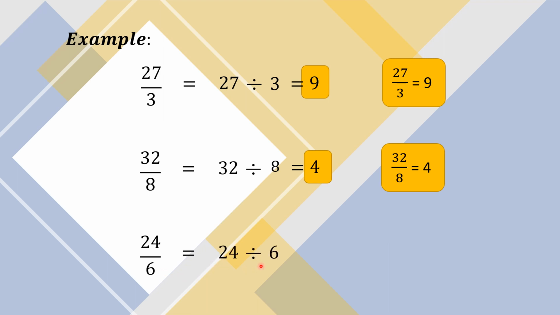There, 24 divided by 6 is equal to 4. So this is how to get equivalent fractions. You're just getting it by using division. Let's go to another example.